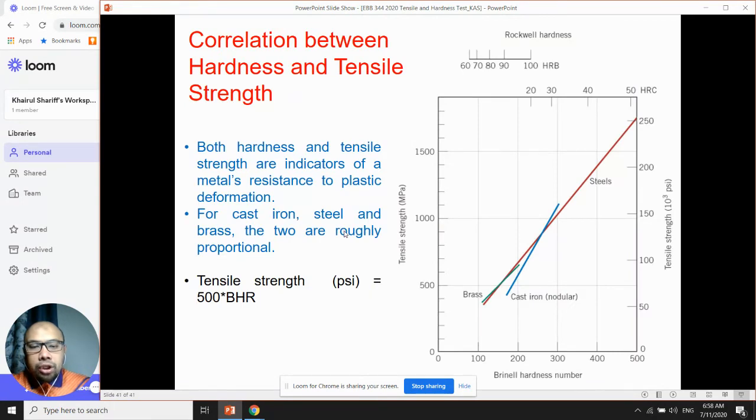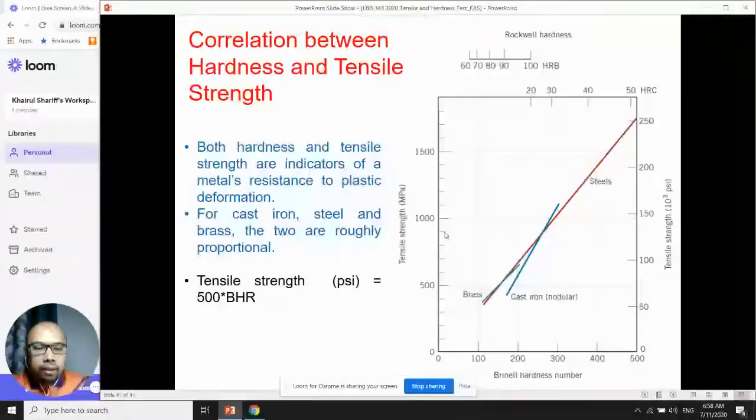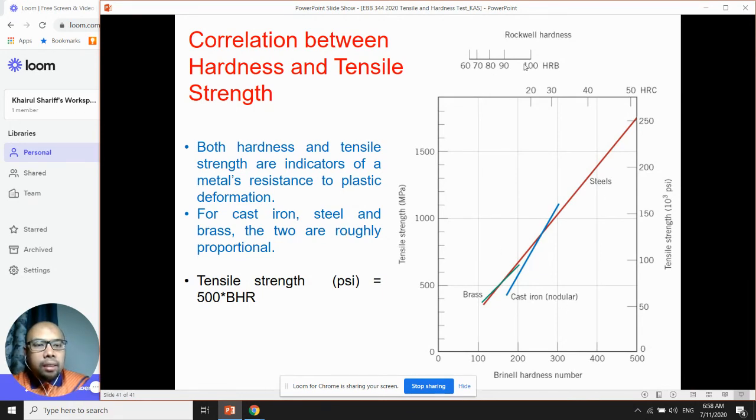Here is the correlation between hardness and tensile strength. Here we have the hardness tests, Rockwell and Brinell. Look at this: the y-axis is tensile strength and the x-axis is Brinell hardness.